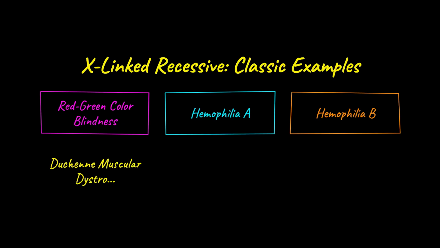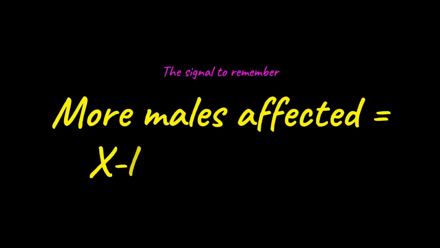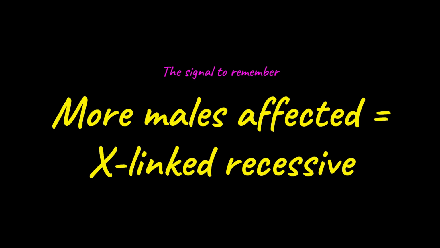All of these appear far more frequently in males, exactly as the chromosomal mathematics predicts. Whenever a question describes a trait appearing much more often in males than females, reach for X-linked recessive. Autosomal traits affect both sexes equally, and Y-linked traits skip females entirely. But X-linked recessive is the pattern defined by male predominance with female carriers.